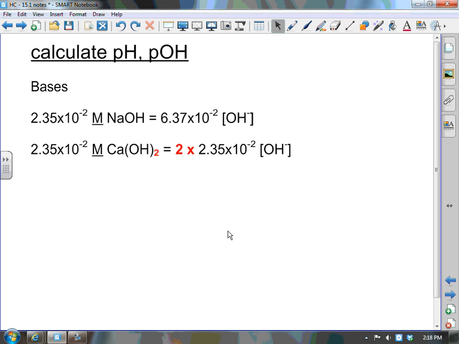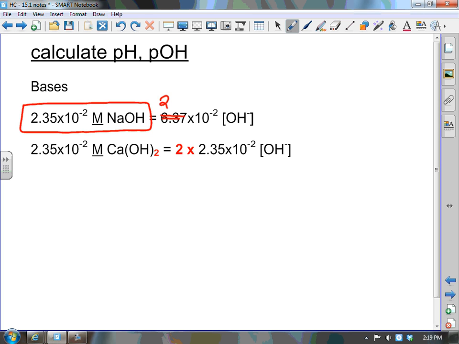All right, last two little things here. Well, how do we calculate some concentrations if we're given a chemical? We got to watch out for this a little bit. Let's first talk about bases. If the question says I have this concentration of the chemical sodium hydroxide, then the concentration of hydroxide ions is exactly the same thing.